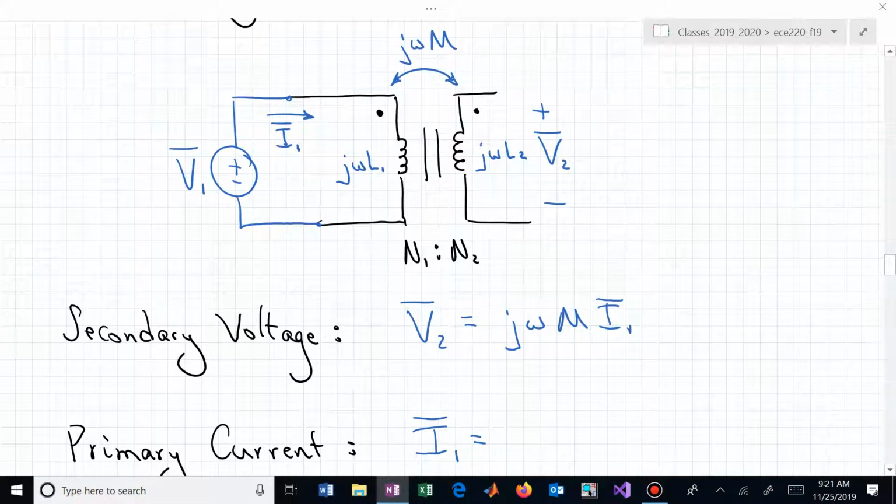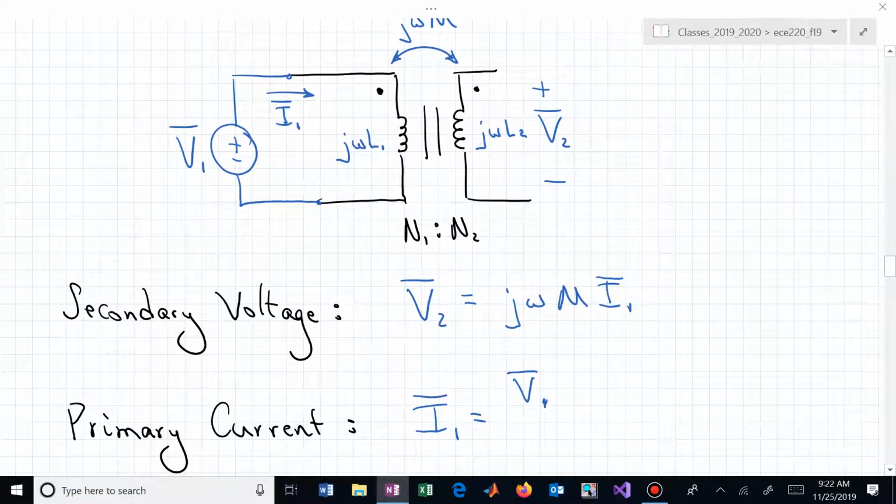If you did a KVL, and in this case it only involves one element, it's Ohm's law. V is equal to Z times I, and Z is j omega L, so I1 is in fact V1 over j omega L1.